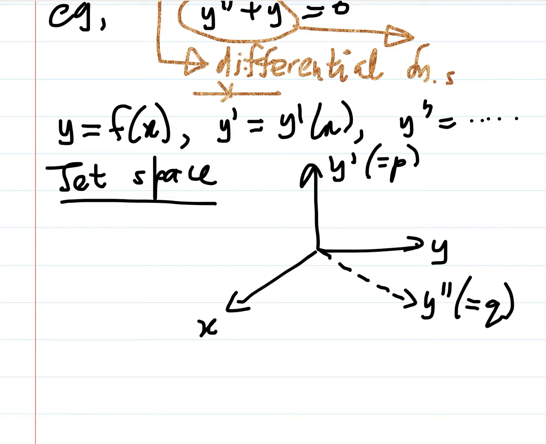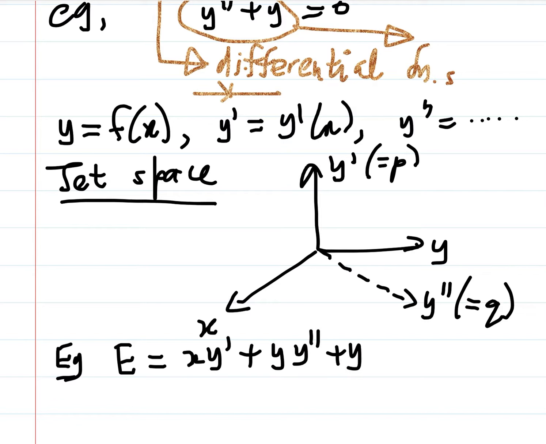So if you have a differential function, let's suppose your differential function is something like x y dash plus y double dash plus y squared, say, then you may construe this function E, the differential function, as being a function of four variables, namely x, p plus y, q plus y squared.